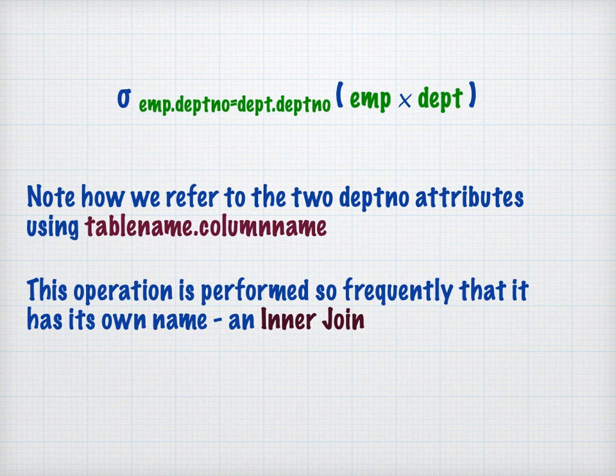And what this means is you will almost always be wanting to use a Cartesian product, but you must remember to do the selection. Otherwise your result set won't be correct. That combination of a Cartesian product and a selection is used so commonly that it has its own name, and it's called an inner join.